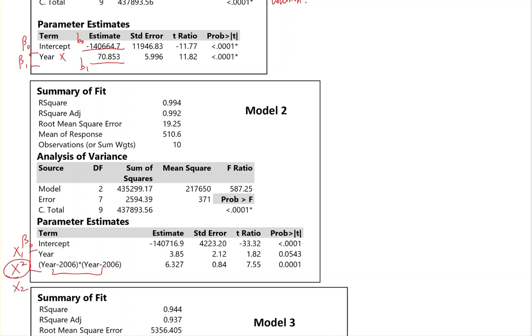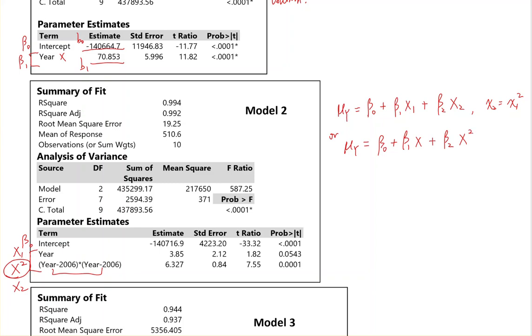So what is the population model for this regression? The population model will be changed to mu y equals beta 0 plus beta 1 x1 plus beta 2 x2, where this x2 equals x1 squared. Or you can also state it as beta 0 plus beta 1 x plus beta 2 x squared.